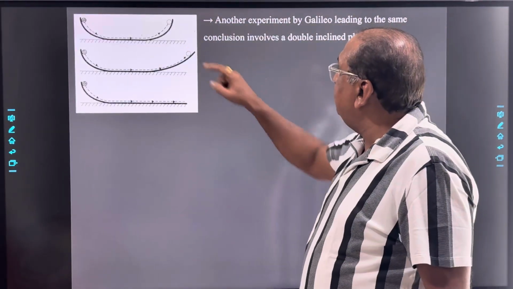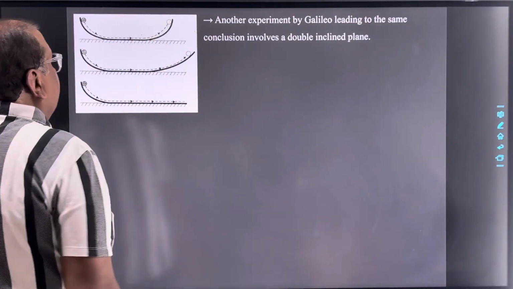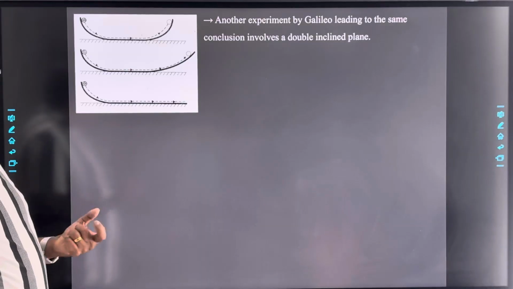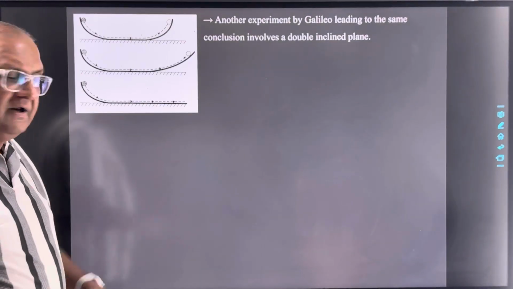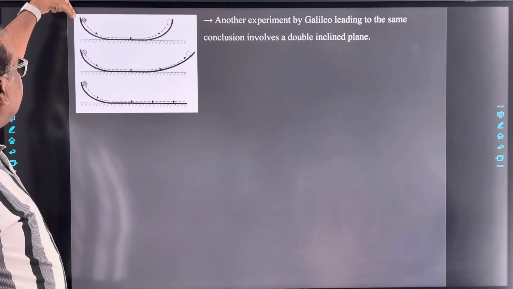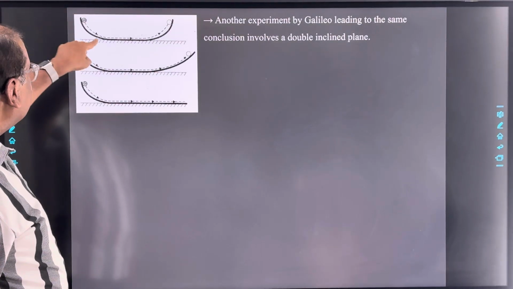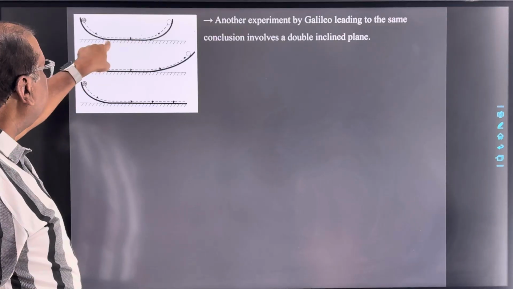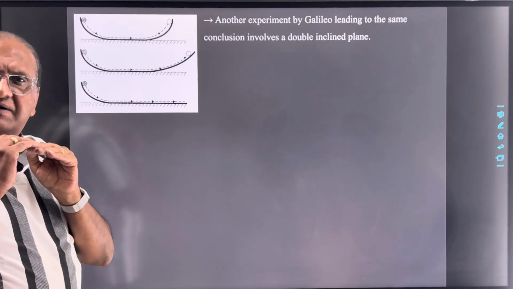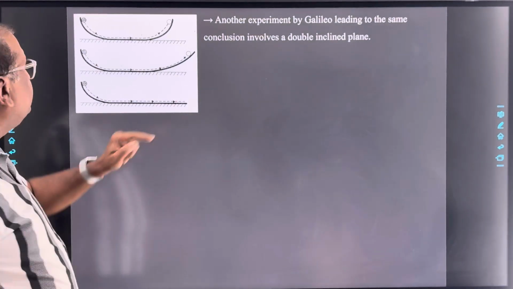In the second experiment, he took this type of double inclined plane, and the middle part of it was horizontal. So here he observed this thing: from the left hand side, if the spherical body is released, then it accelerates, and on the horizontal part, if we consider it smooth and frictionless, it moves with almost constant velocity.